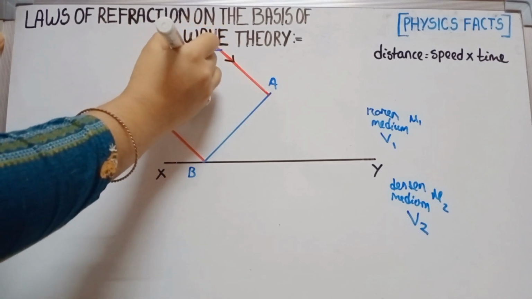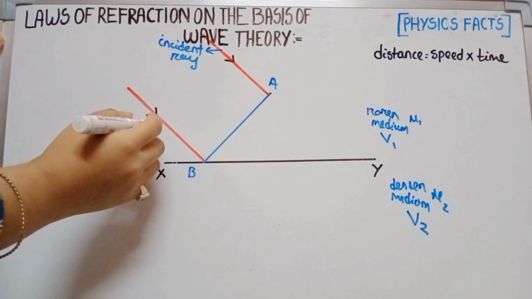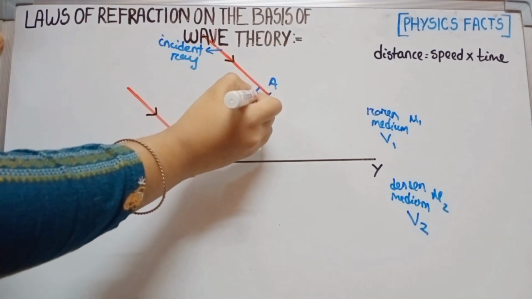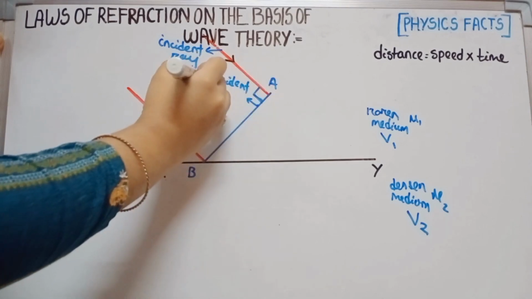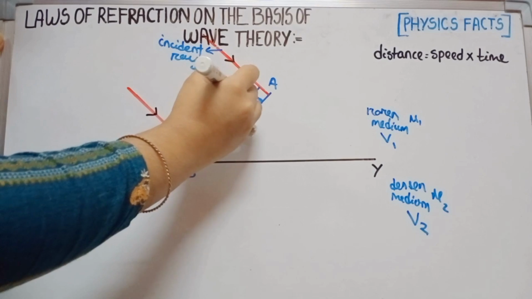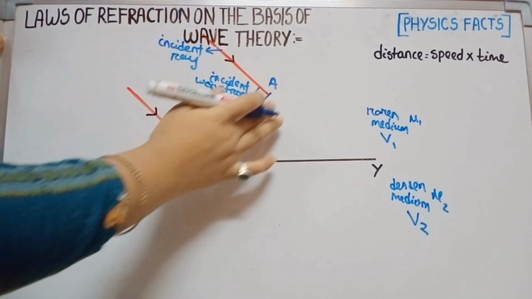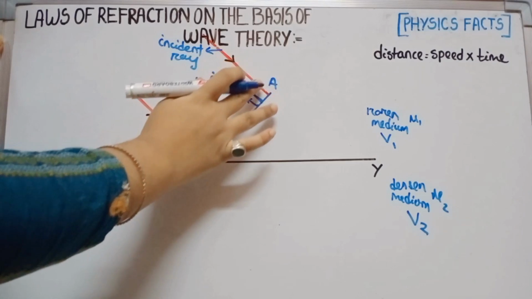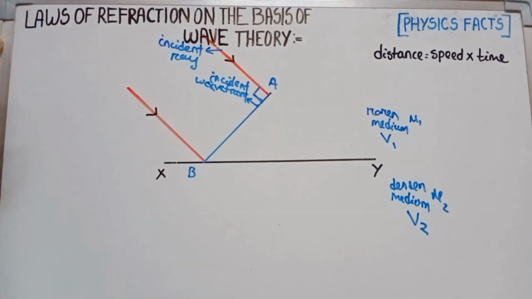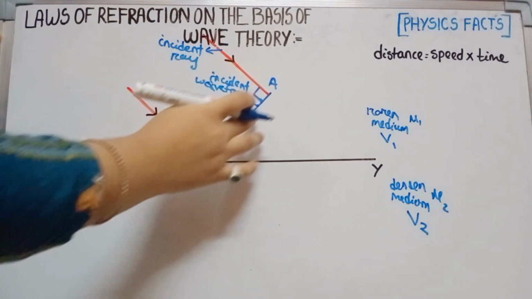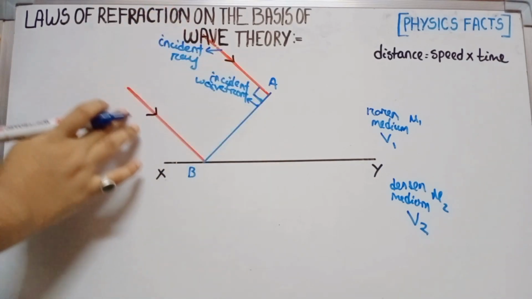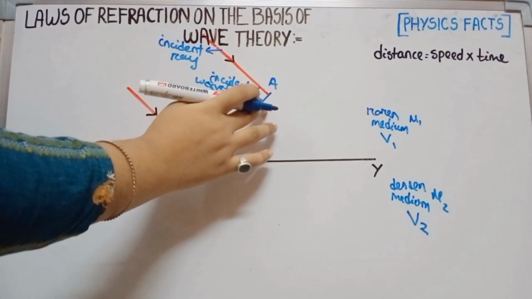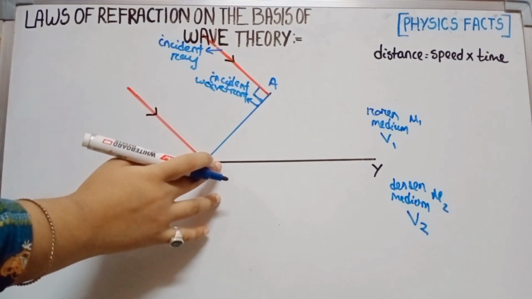We know that the incident ray is always perpendicular to the incident wavefront. In our previous class we discussed that in the case of a plane wavefront we always get parallel rays. Here we consider two parallel incident rays which are perpendicular to the incident wavefront.